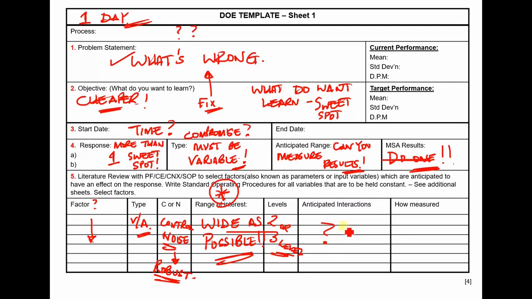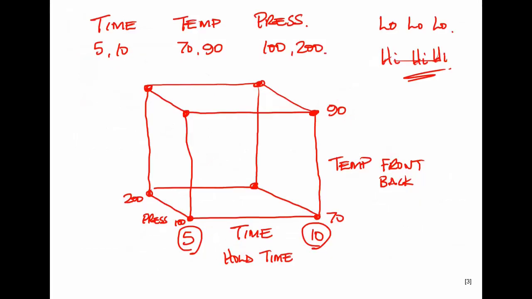Then it says which variables do we think are going to interact, and finally, how are you going to measure these variables? And this means how to set them. How are you going to set them? So, for example, let's go back up to my design space. Let's say that on the temperature on our machine, actually we don't have degrees. We just have a dial.